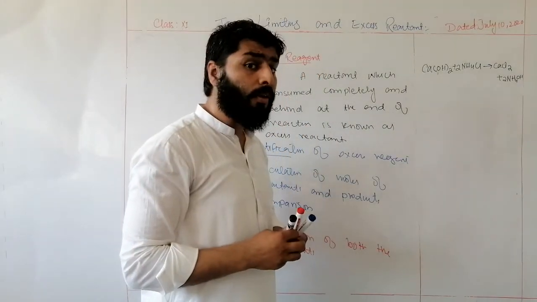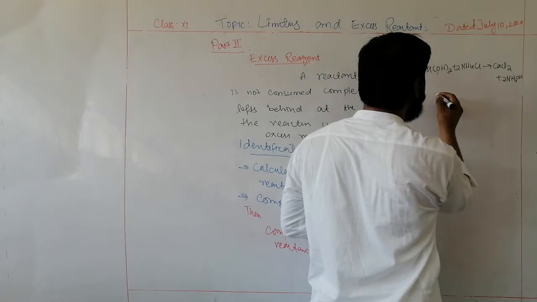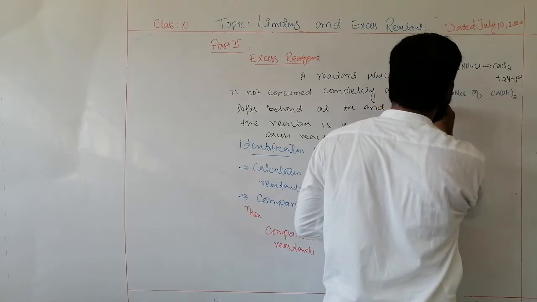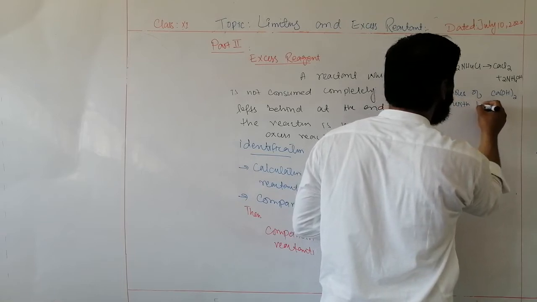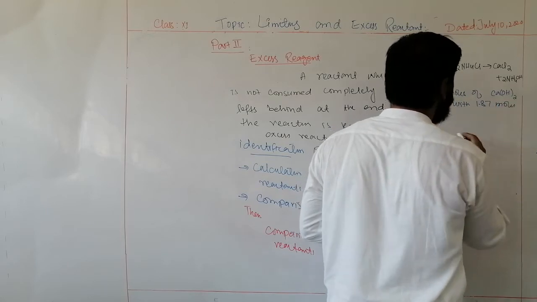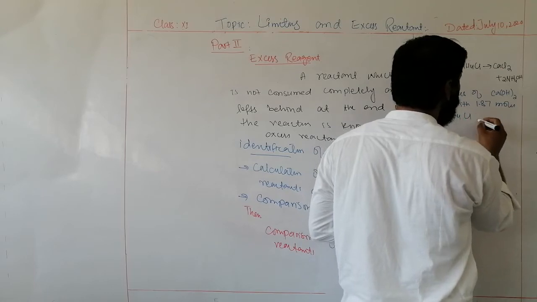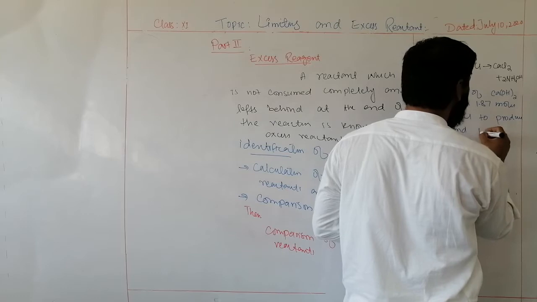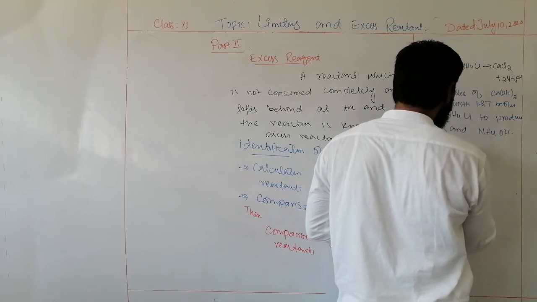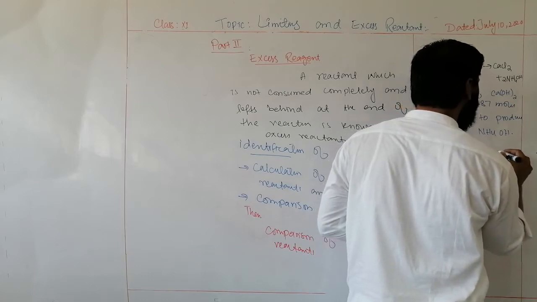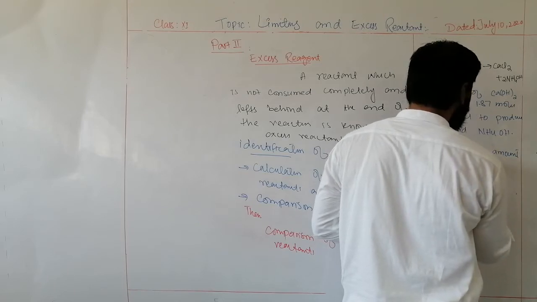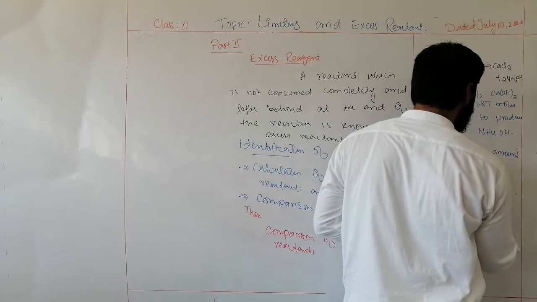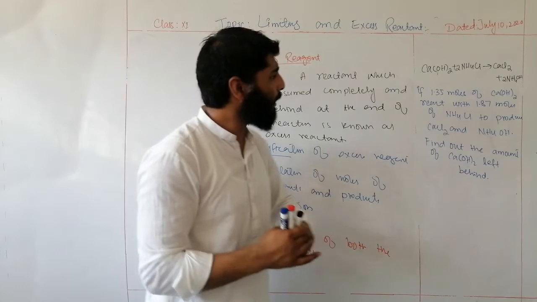This is the reaction, and you are asked that if 1.35 moles of calcium hydroxide react with 1.87 moles of ammonium chloride to produce calcium chloride and ammonium hydroxide, find out the amount of calcium hydroxide left behind. This is the statement and this is the equation.